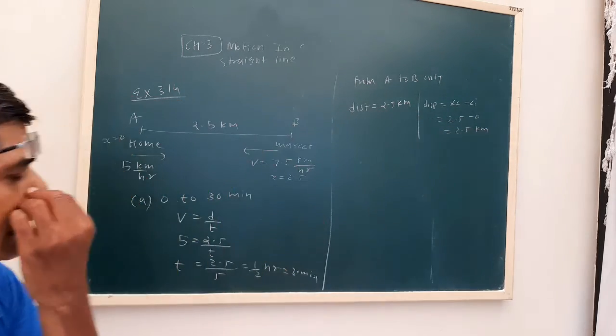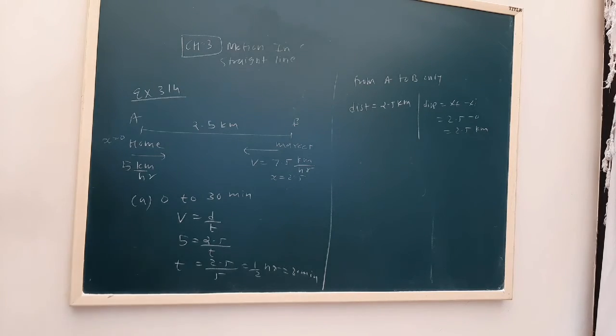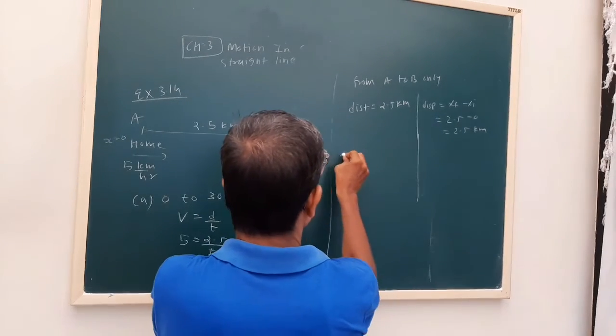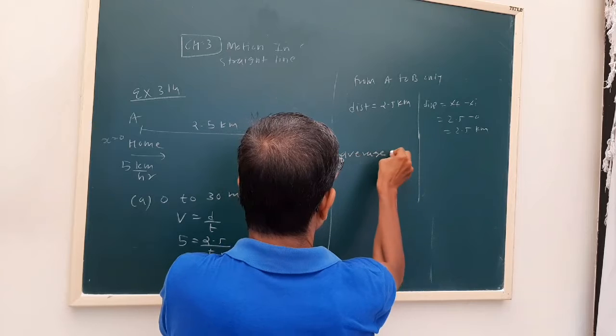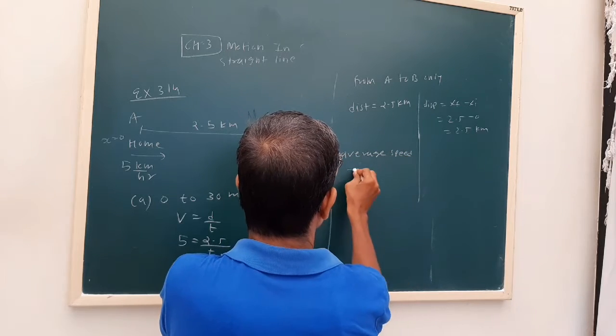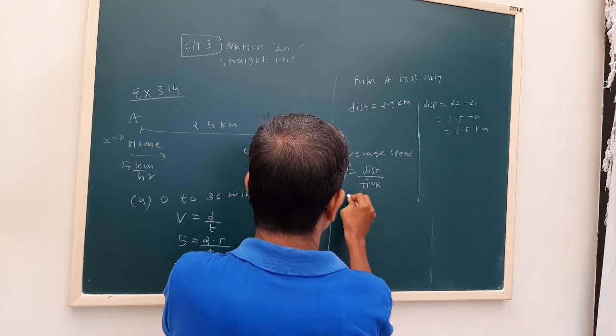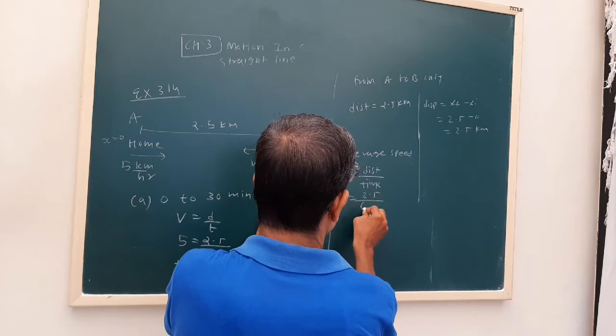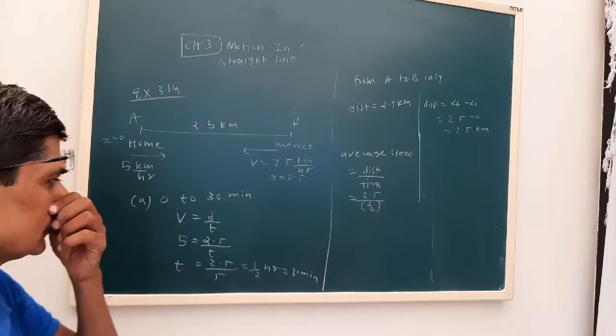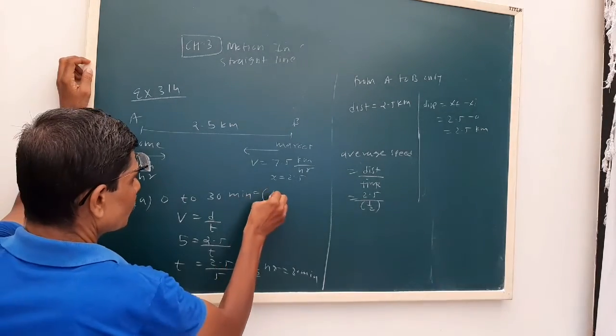Now we have to calculate average speed: distance upon time. Time is 30 minutes, that is 1 by 2 hour.